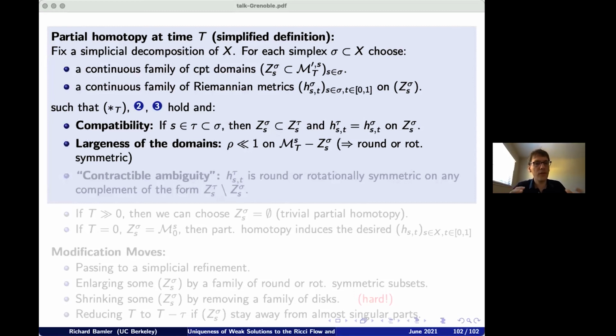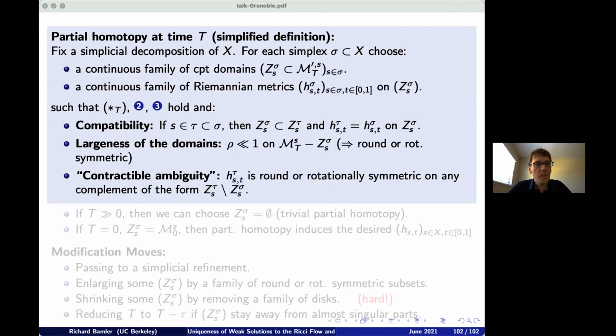If these time T slices are sufficiently interesting, we want C sigma not to be empty. We want these C sigma S's chosen large enough so that the points that are missing are points where the curvature is very small, and therefore the components there are either rotationally symmetric or round. So whatever is missing is just round or rotationally symmetric, so it's not going to be that interesting.